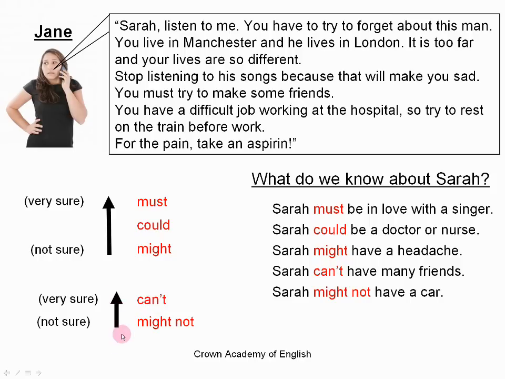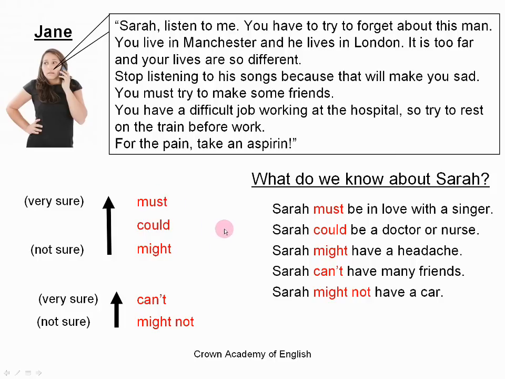So in the negative, this is the order of how sure we are. Okay? So that is why these are called the modal verbs of probability, because they express the degree of probability.